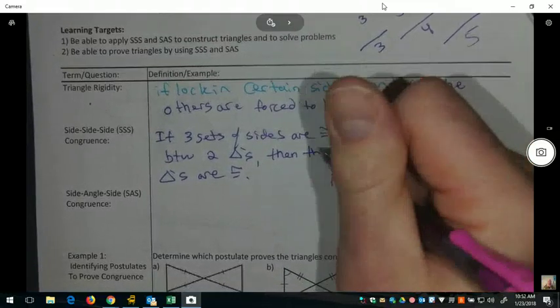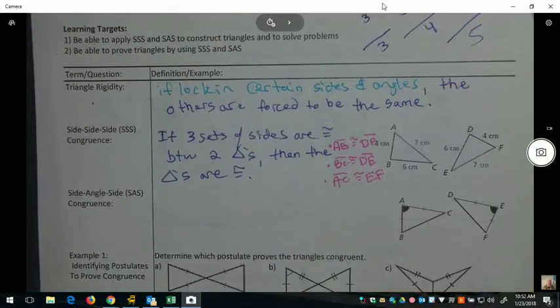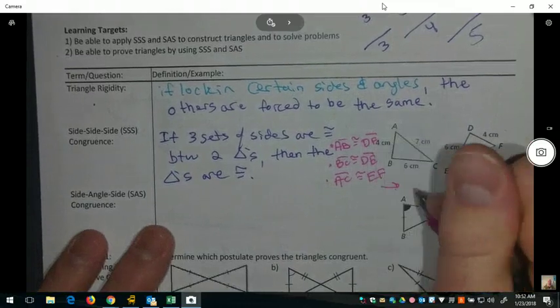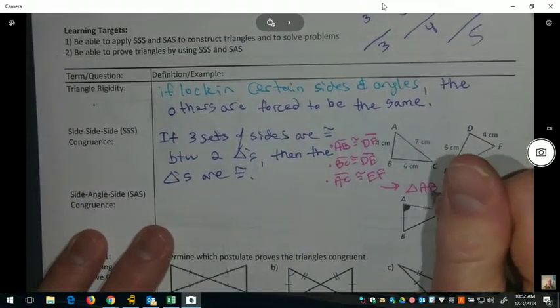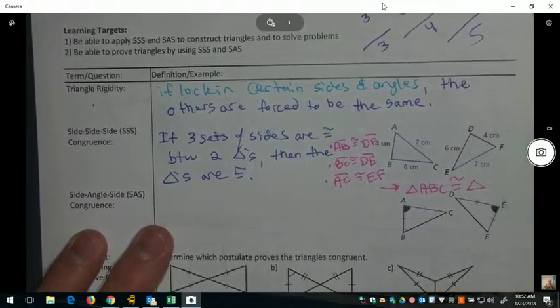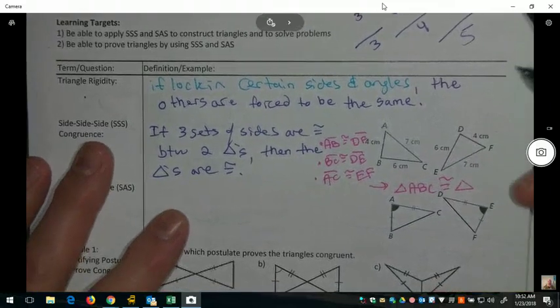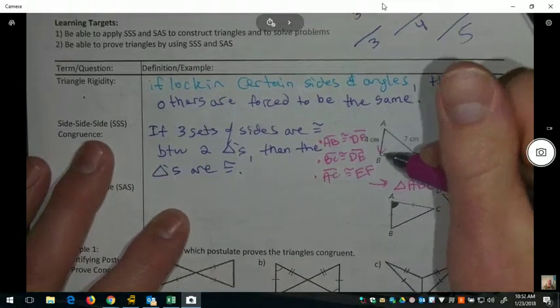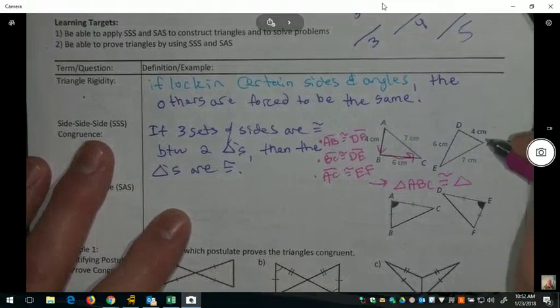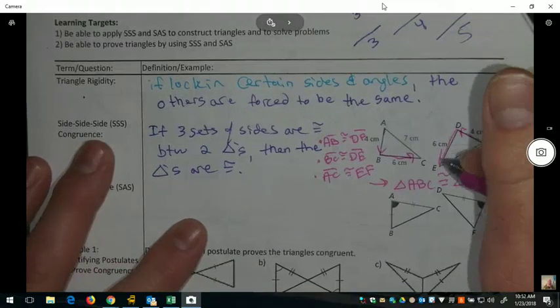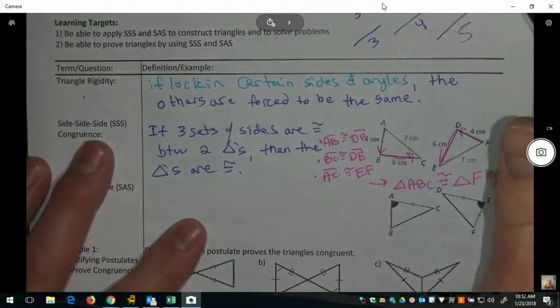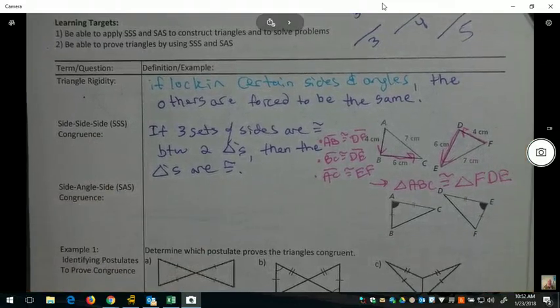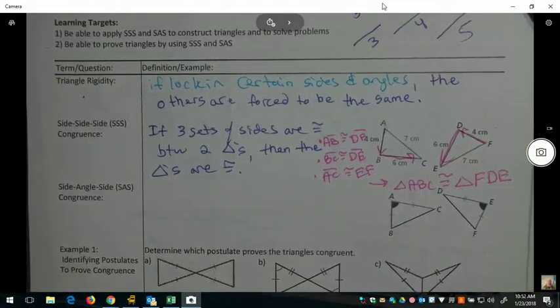So we've got 3 sets of sides congruent. Because of that, triangle ABC is congruent to, well, I went across the short leg and then the long leg. So for this one, I have to go down the short leg and across the long leg. So I'm going to have to call my other triangle FDE, just like we did when we did similarity statements.